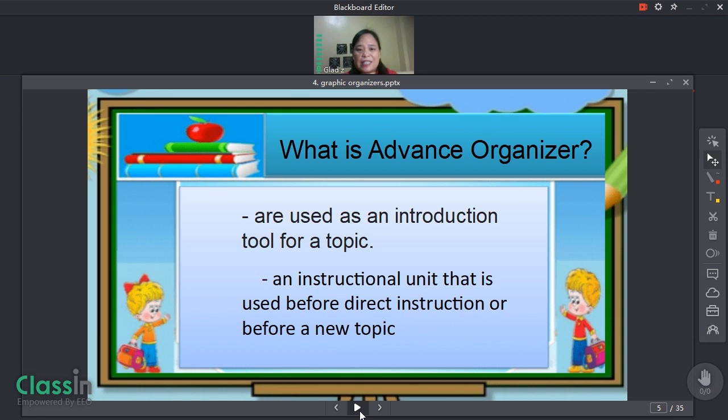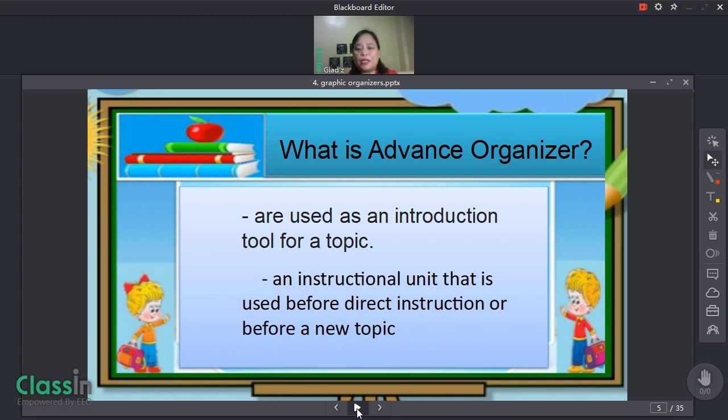So, it is clearly stated that an advanced organizer is used to introduce a new topic to the student. It is used at the beginning of our lesson. To introduce the new lessons, we can use the advanced organizer.